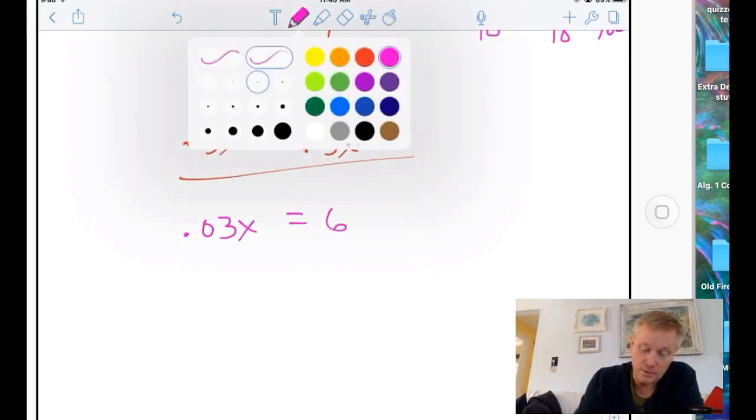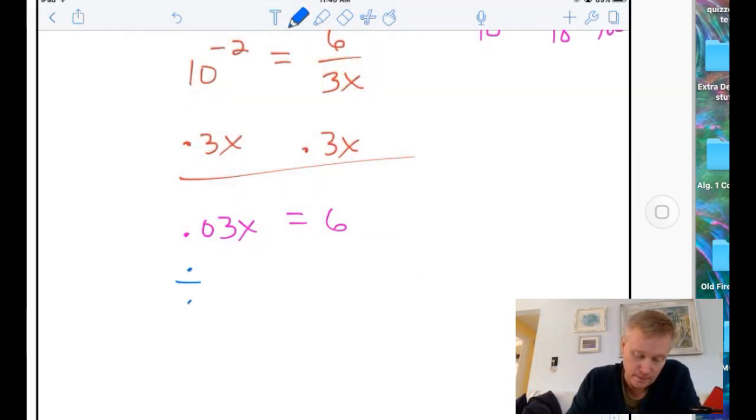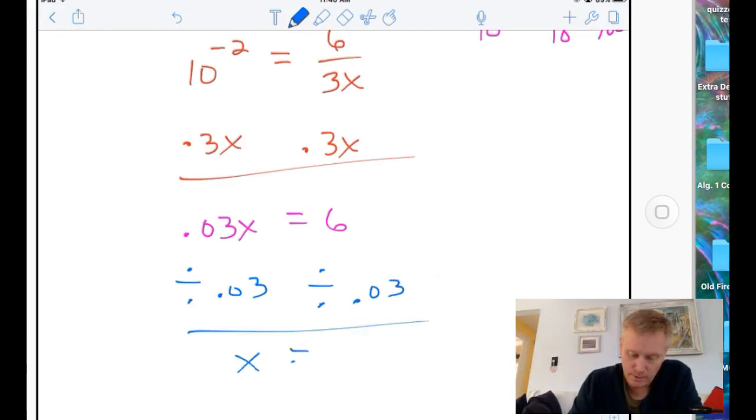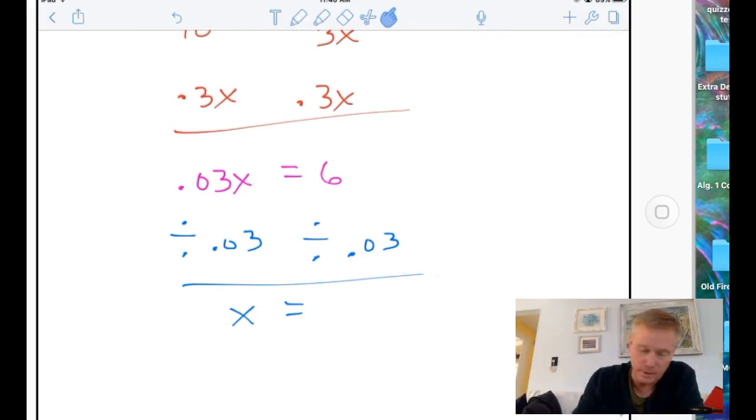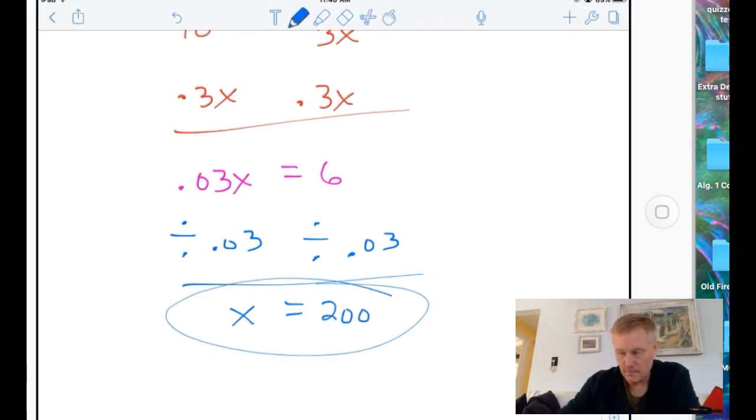And next I'm going to divide by 0.03, and 6 divided by 0.03 is 200. And that's the answer.